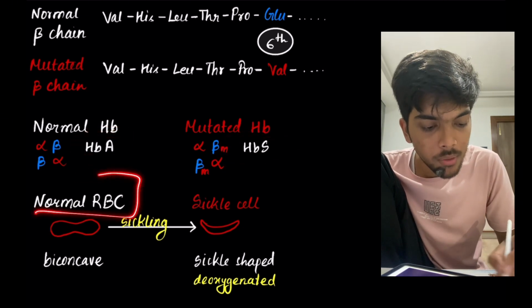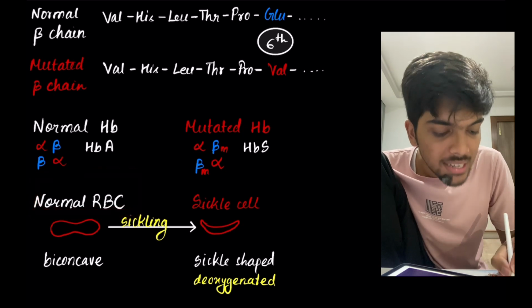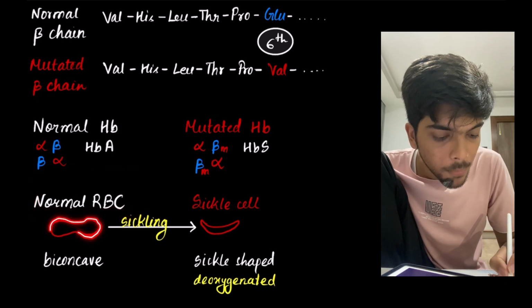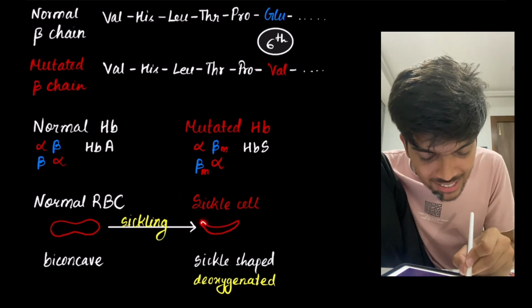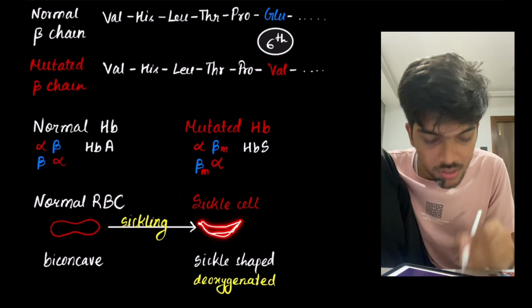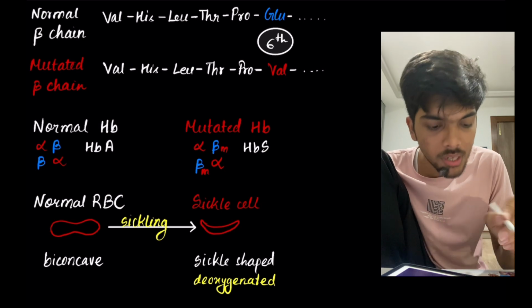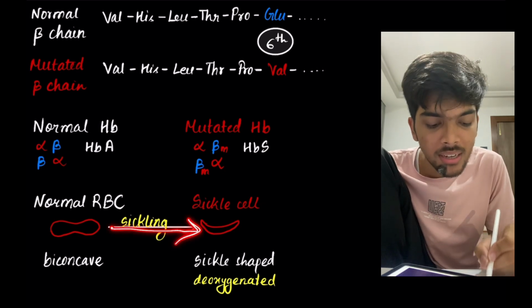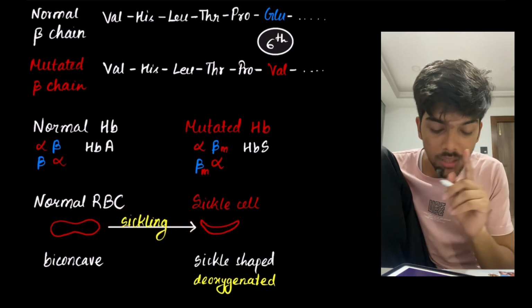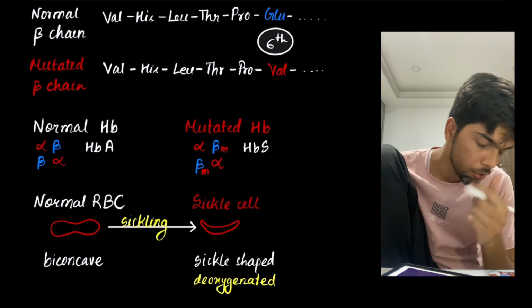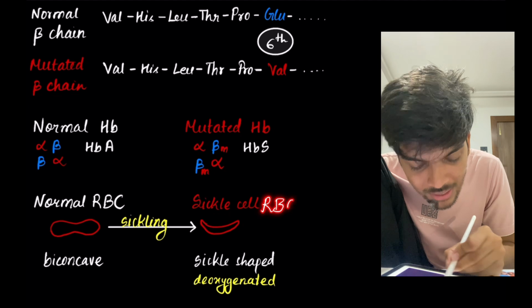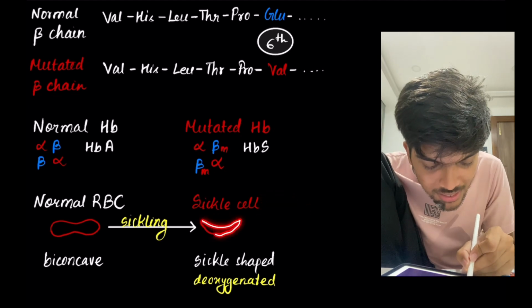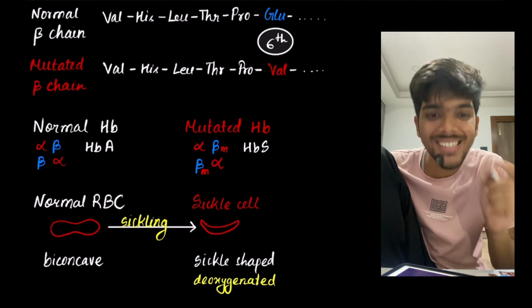So the normal hemoglobin-containing RBC is biconcave in structure. But the sickle cell RBC is crescent or sickle shaped in structure. This process of conversion of normal RBC to sickle cell is called sickling. But there is one important thing that you need to remember. Even the sickle cell RBC is not sickle shaped when oxygenated.